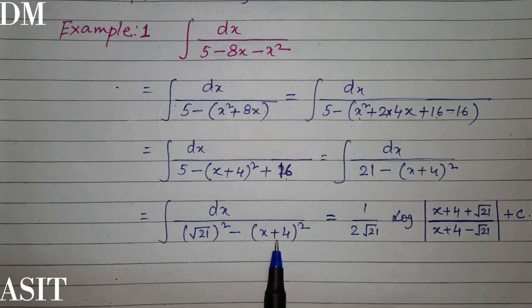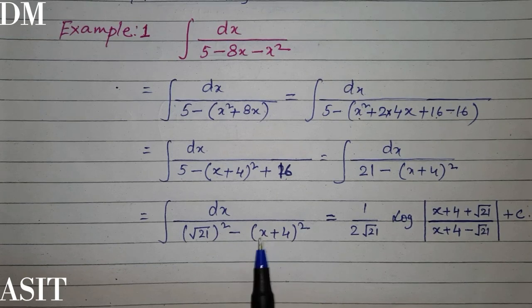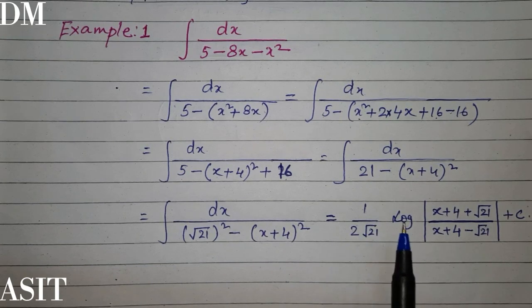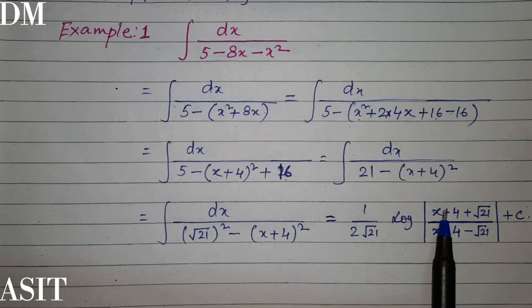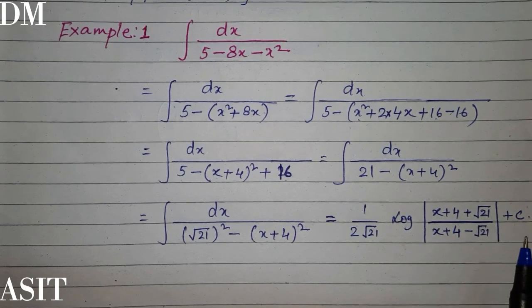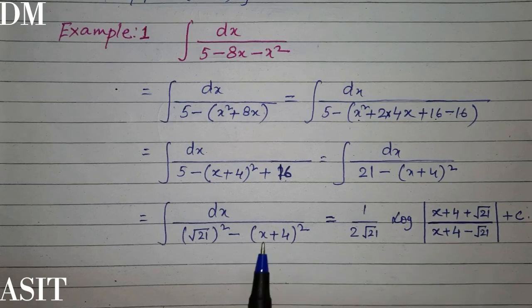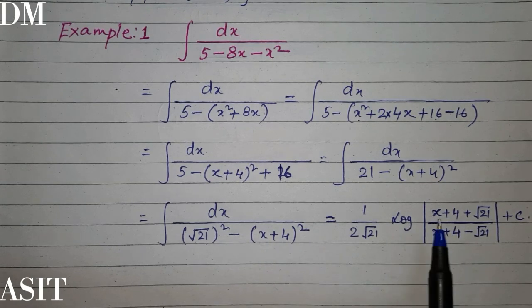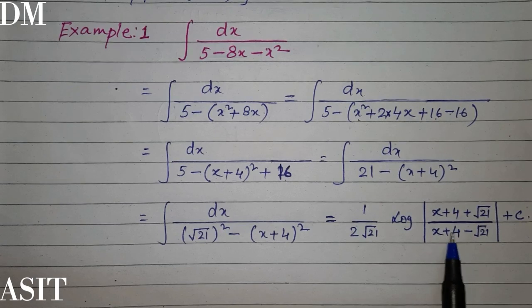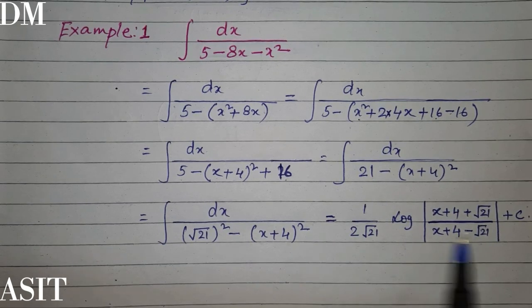And what was the formula? The formula was 1 by 2a log of mod x plus a by x minus a, plus c.